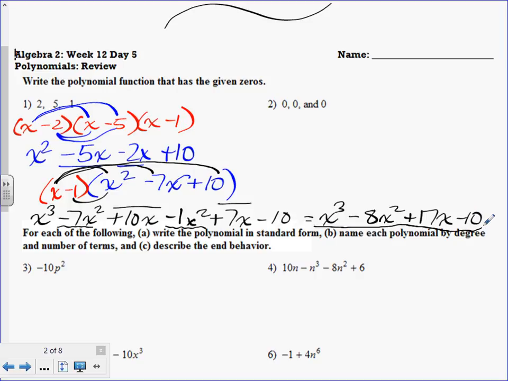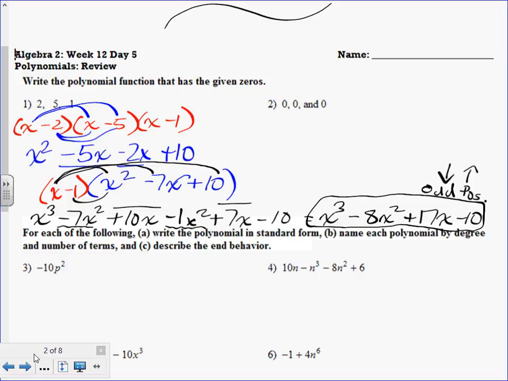So, odd or even? The highest is 3, so that's odd. Positive or negative? Positive. Odd positive. Do you remember what the end behavior is on odd positive? Yep, falls on the left, rises on the right. You will need to memorize those.